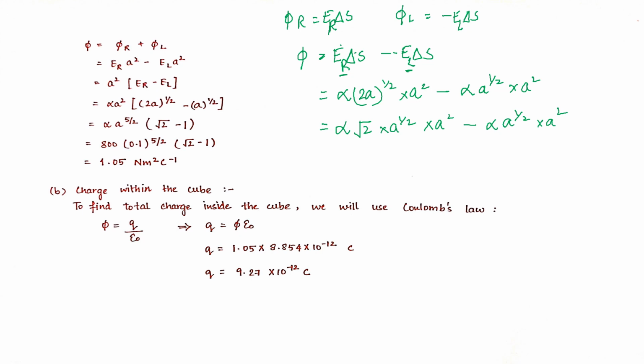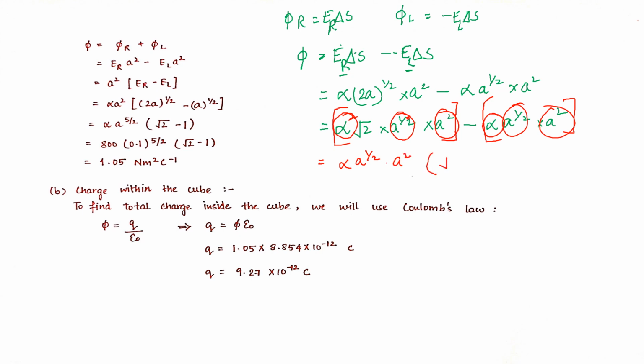What is common here? I'll mark it with the red ink. These are common values, so we will take them out. Alpha 1 by 2 into A square. What is left? Under root 2 minus 1 is what we are left with.